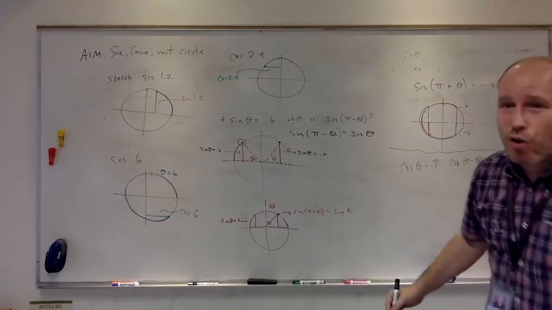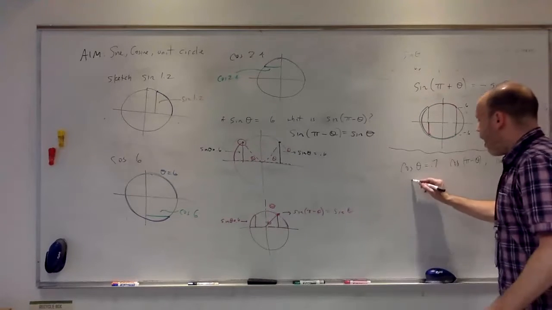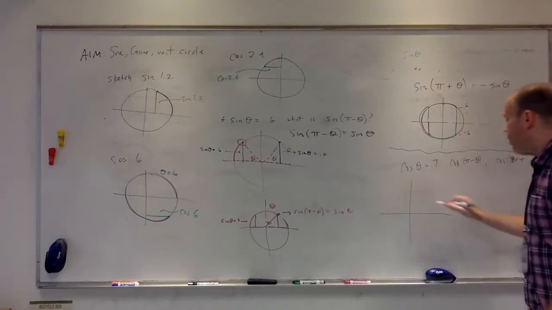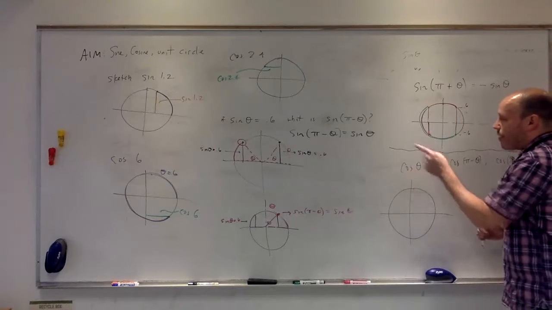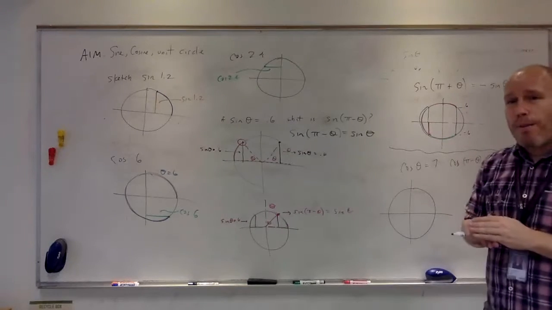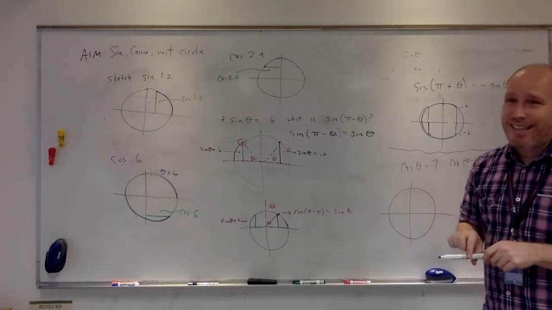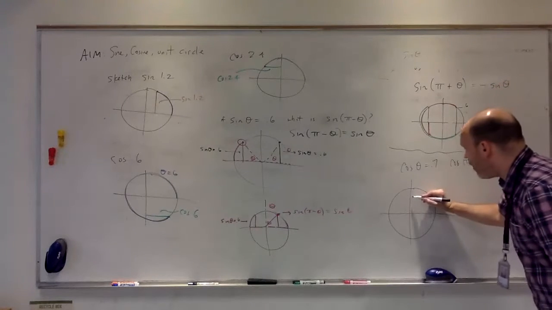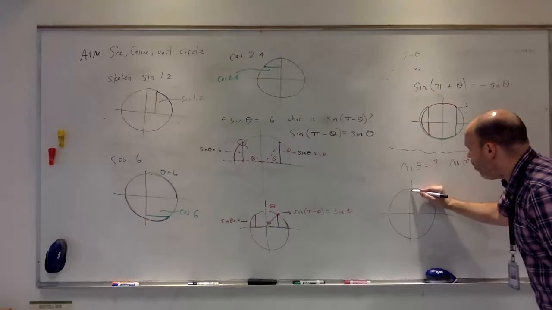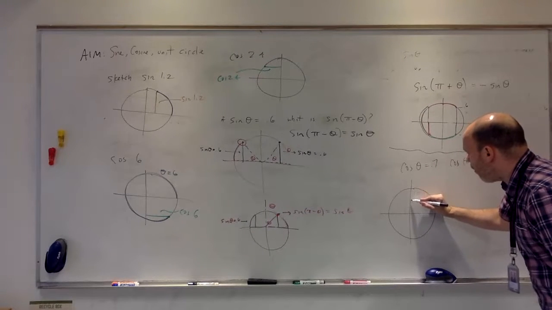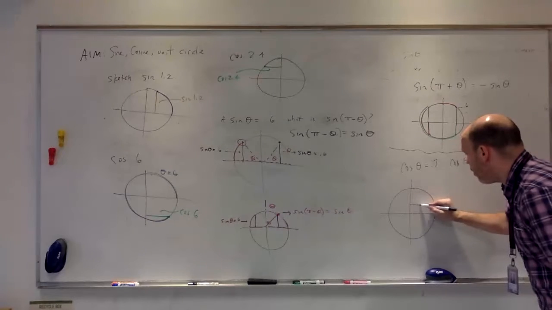Okay, let's get our unit circles down. We have our first unit circle. We said that the cosine represents the distance from the y-axis. So there's two places that have a distance of 0.7. This distance right here is 0, 0.1, 0.2, 0.3, 0.4, 0.5, 0.6, 0.7.